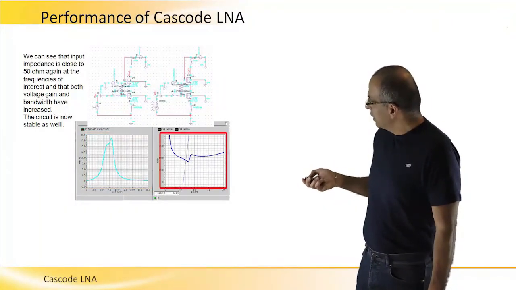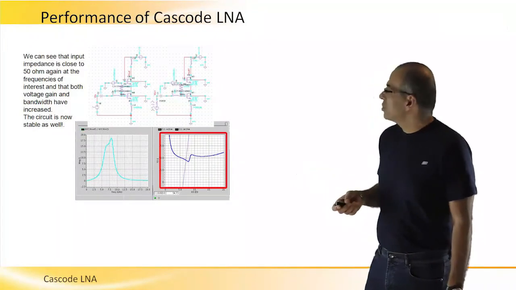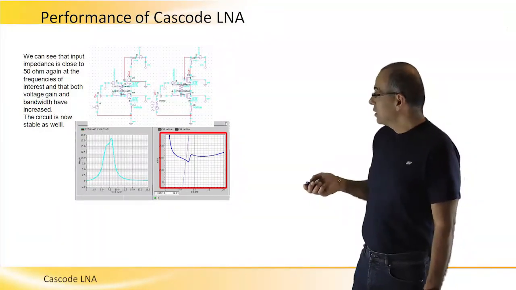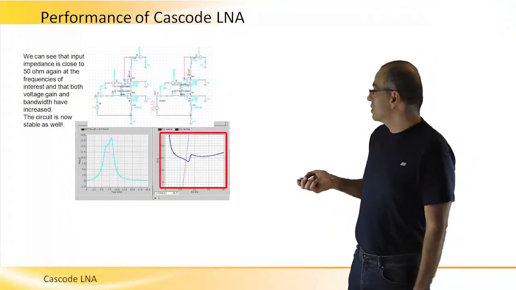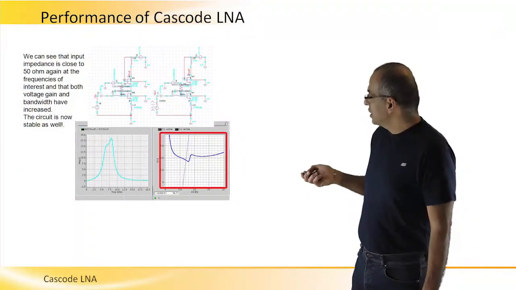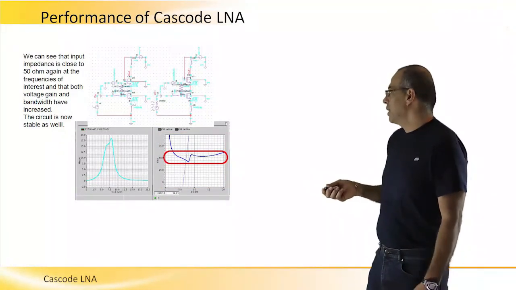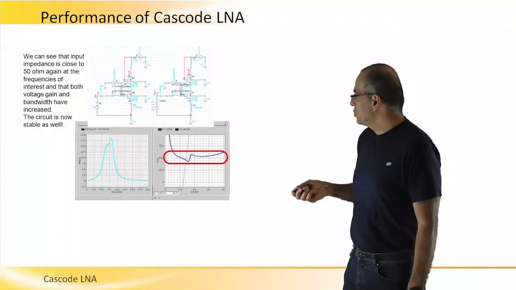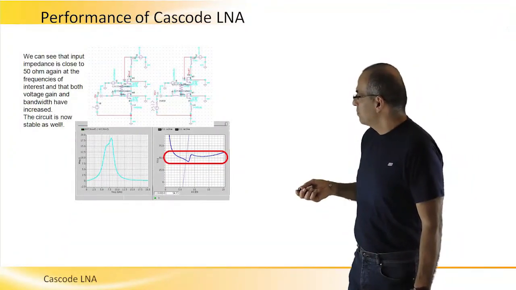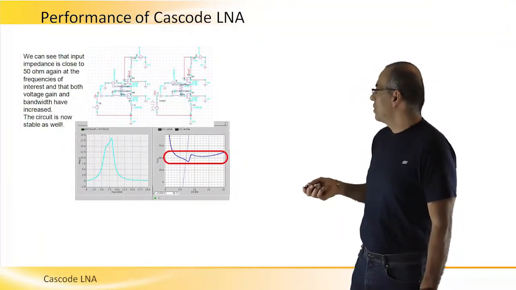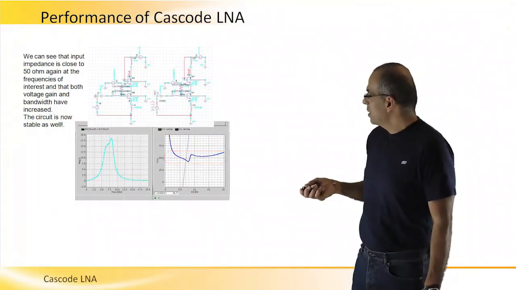Then we can look at the input impedance, the real part that was negative before we added the Cascode, and now we can see that it is positive, and it is very, very close to 50 ohm, which was the ideal real part that we wanted to create for a good input matching.